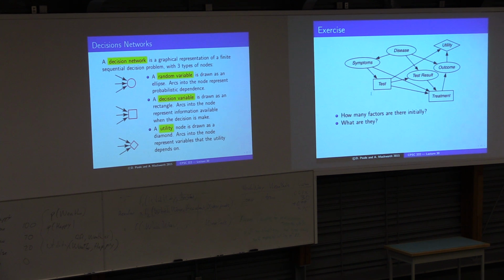And then the utility, there's some cost associated with the test, and otherwise it's a function of the outcome. This is the story. So how many factors are there initially, and what are they? Okay, who can count?